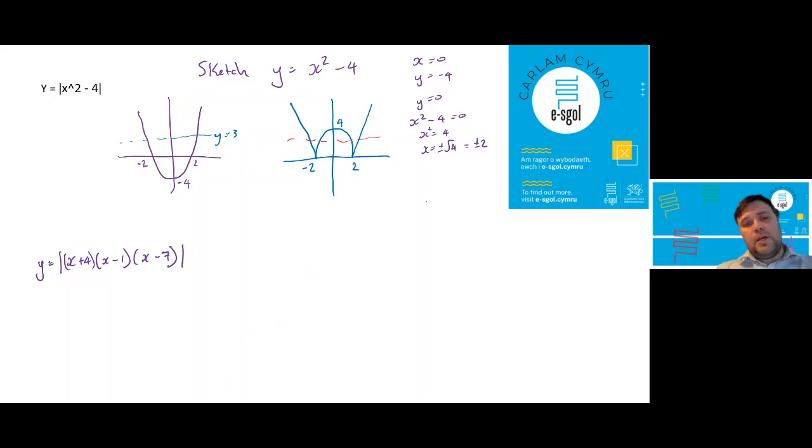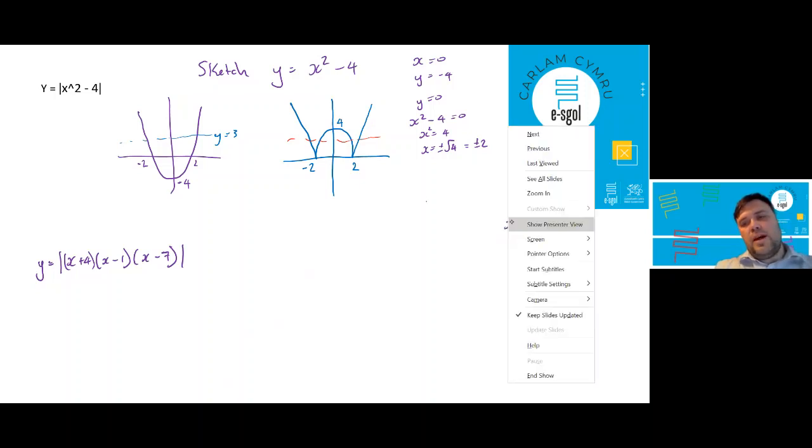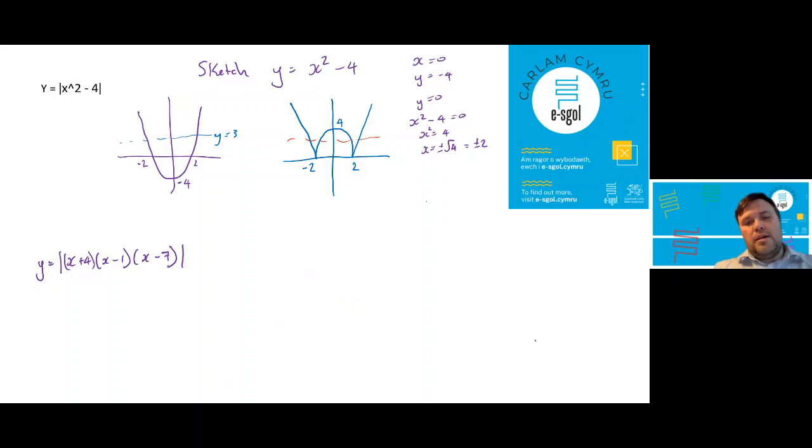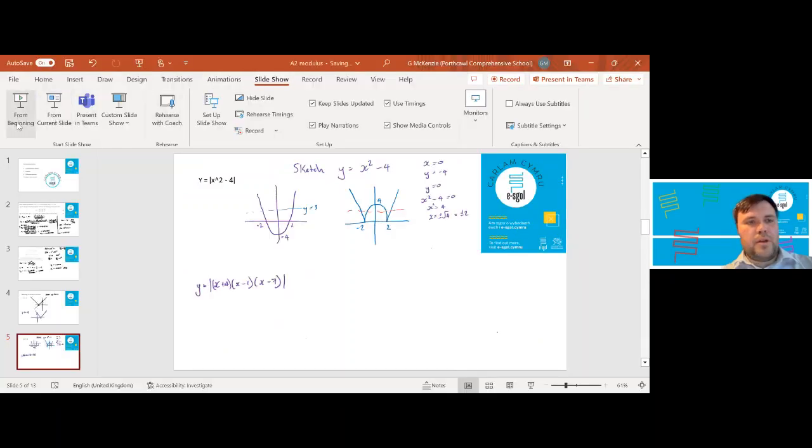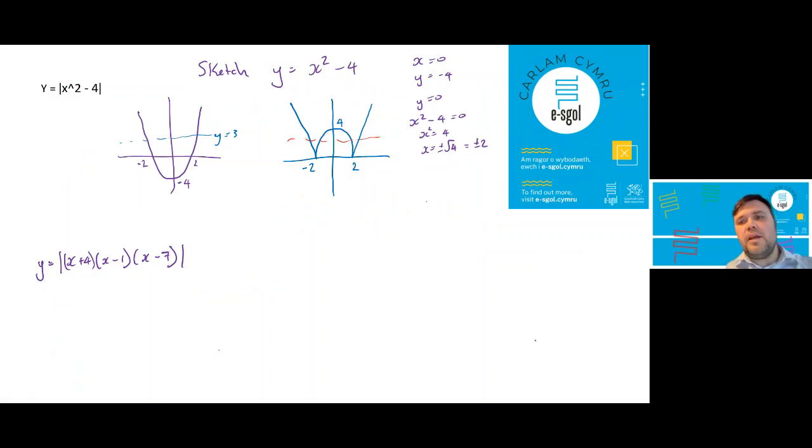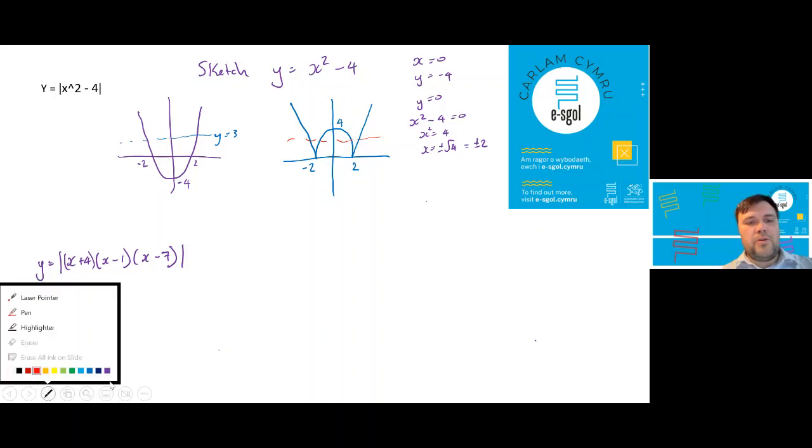How you do it, again, like I did up here, if I was to put x equal to 0 for the original graph, then what would happen is it would be 0 in all of them.